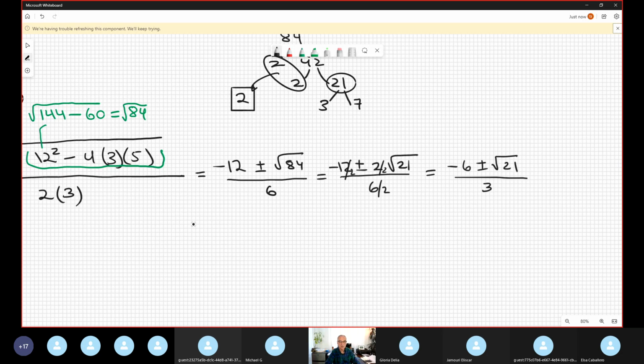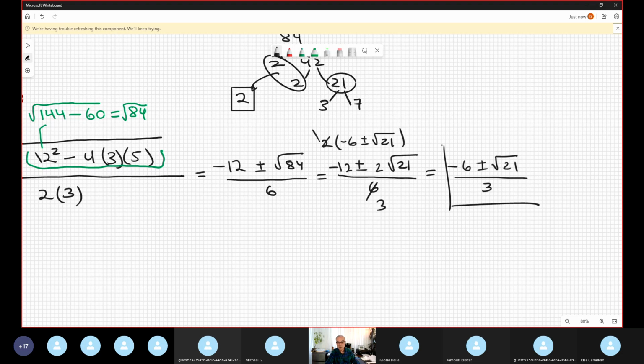I can do it differently. Factor out 2 in the top, so you have minus 6 plus or minus radical 21. And you cancel out: divided by 2 is 1, divided by 2 is 3. And we get this answer.